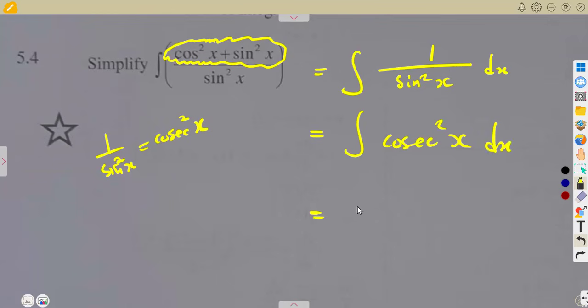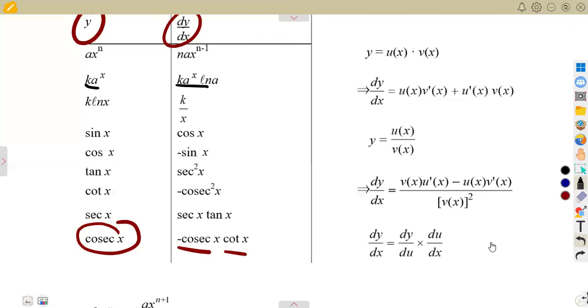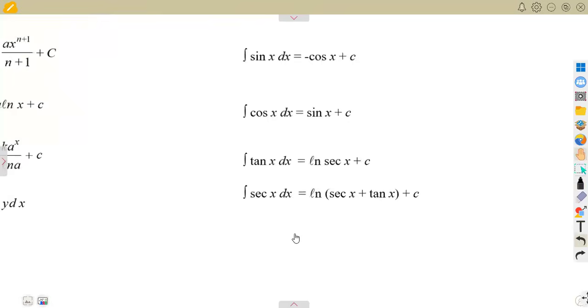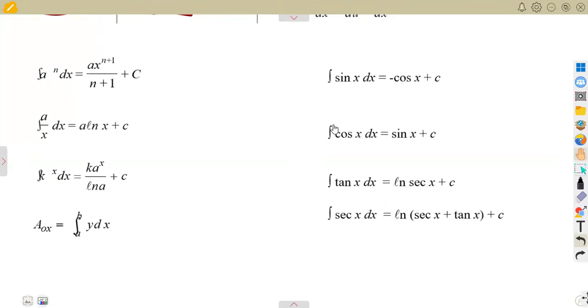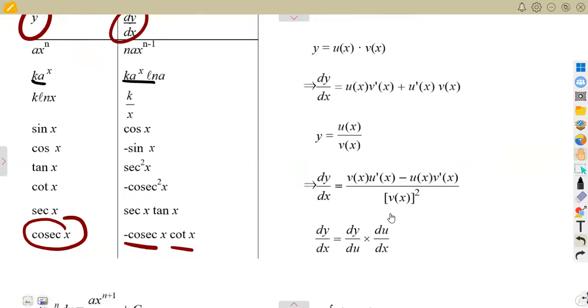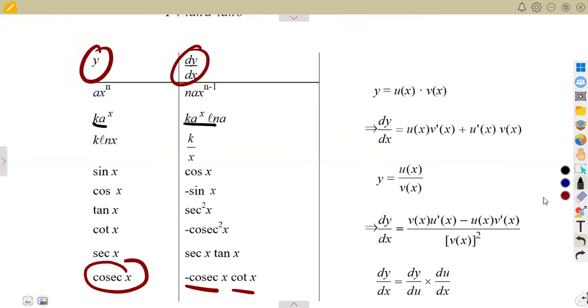And you do not have that on your formula sheet. So how do you integrate? Because in the integrals that you're given, we are not given cosec squared. So you go back to the derivatives and check: is there anything that I differentiated before and got a cosec squared? A cot gave us a minus cosec squared.